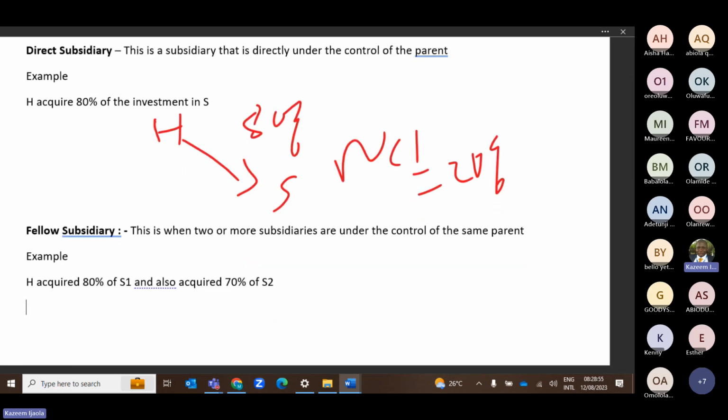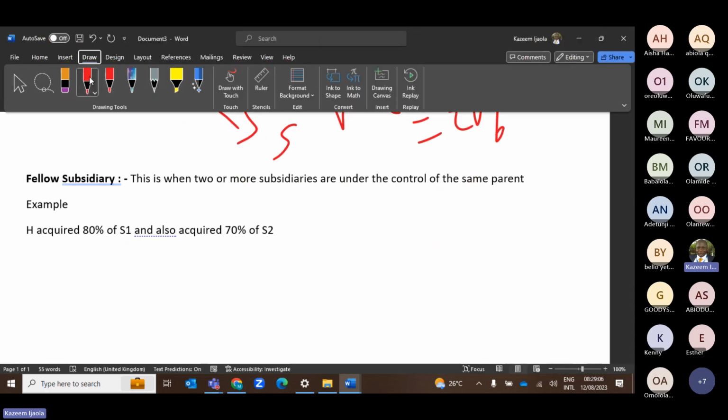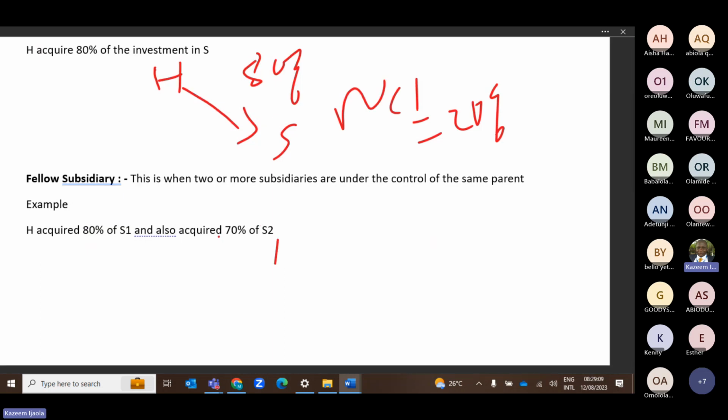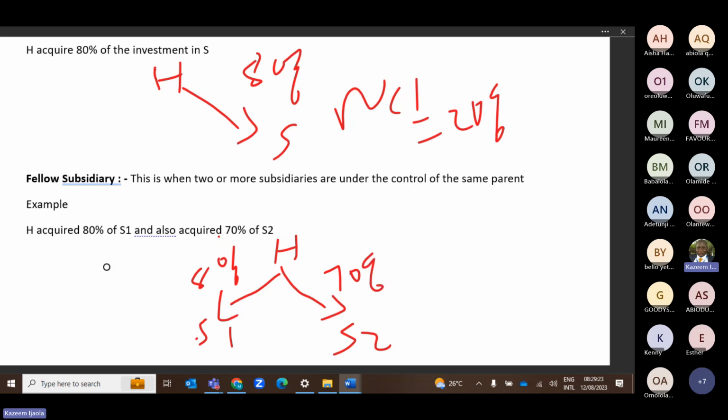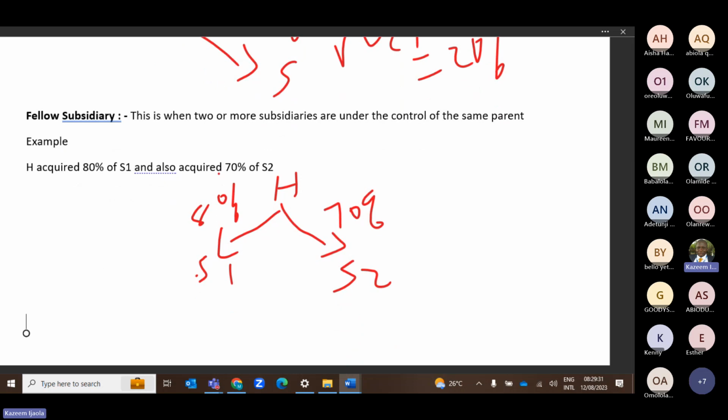So let's have this in practical terms. You have H, which in X1 acquired 80%, then the same H in S2 acquired 70%. You can see that the same parent has two or more subsidiaries. That's fellow.